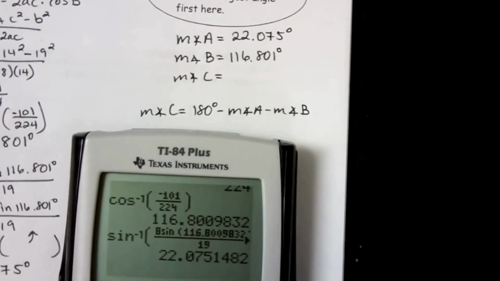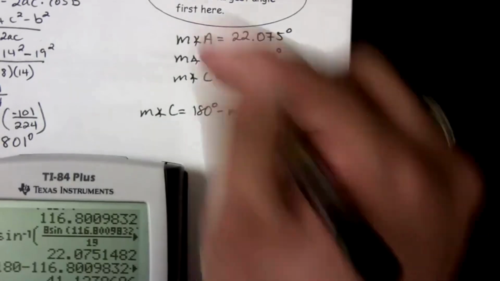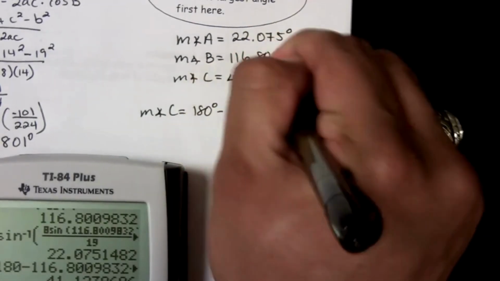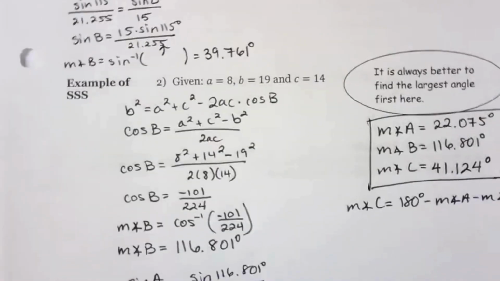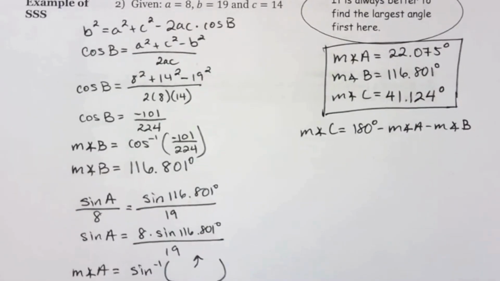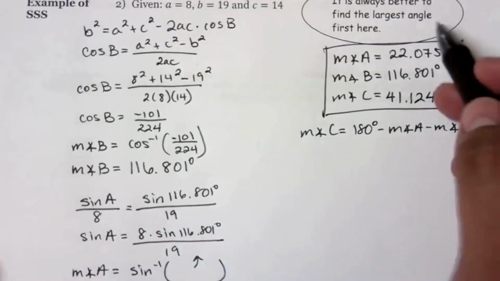So 180 minus this, minus that, you get 41.124 degrees. So again, with law of cosines, it's very particular about what angle you find first, given side, side, side. Find the biggest angle first.